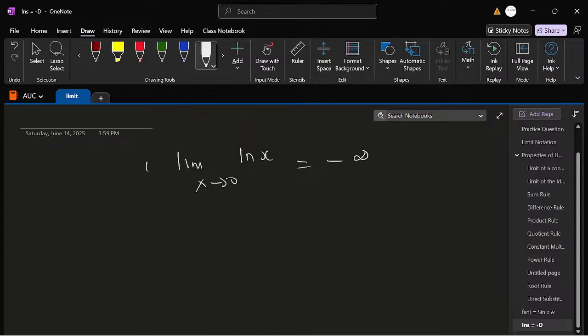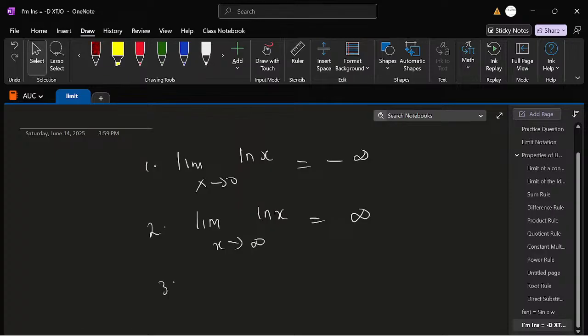Okay, so please take note of this one. Then the second one, the limit as x approaches infinity, still ln x, so it will be equal to positive infinity. Then the third one, so let's scroll down a little bit.